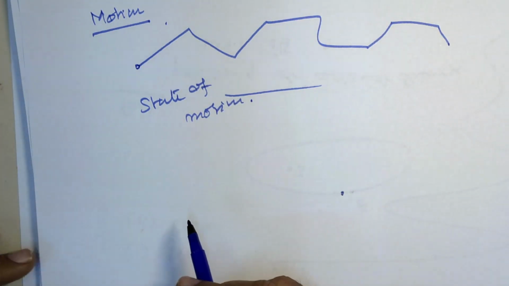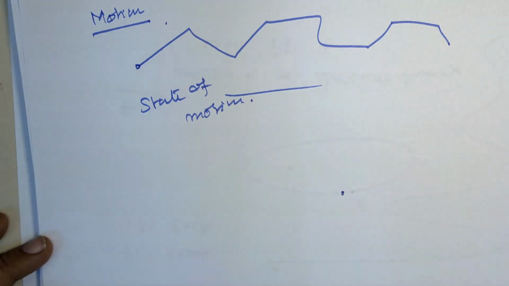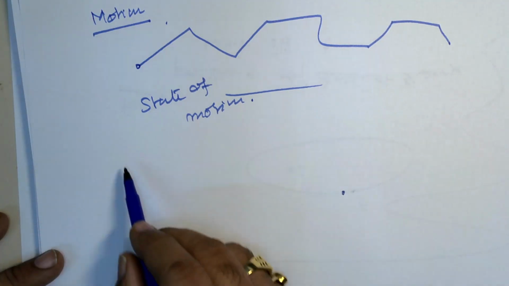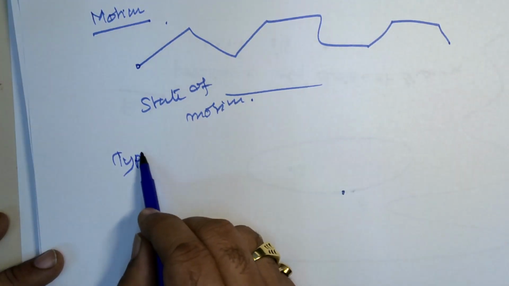This motion can be divided into three types. It is based on the nature of the path it follows. So, types of motion.